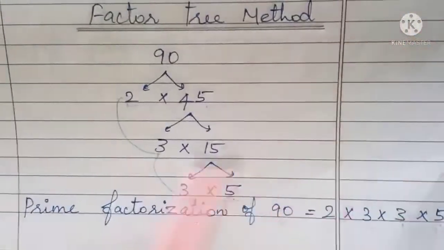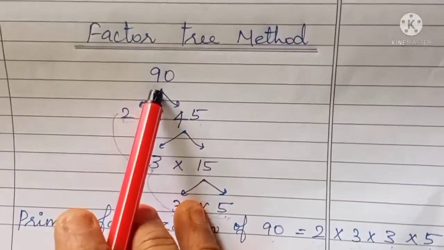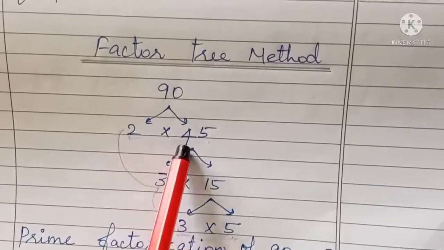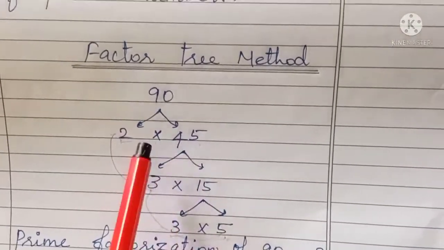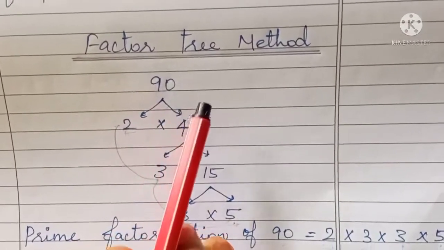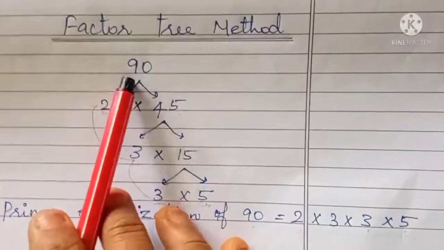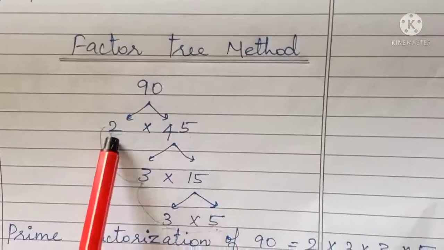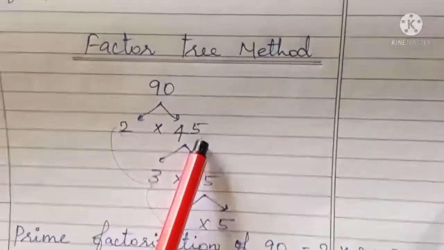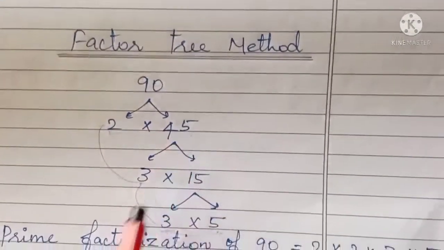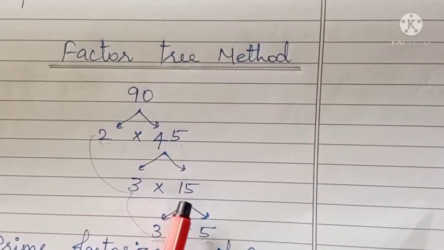Dear children, listen to the class carefully. Number 90 will come in the 2 table 45 times. 2 5s are 10, remaining 1, 2 4s are 8, 8 plus 1 gives 9, so 90. Number 90 in the 2 table becomes 45 times. Next, number 45 will come in the 3 table 15 times.